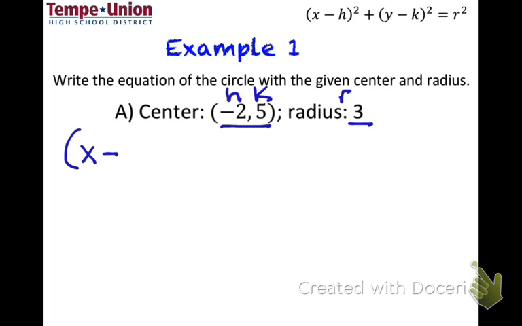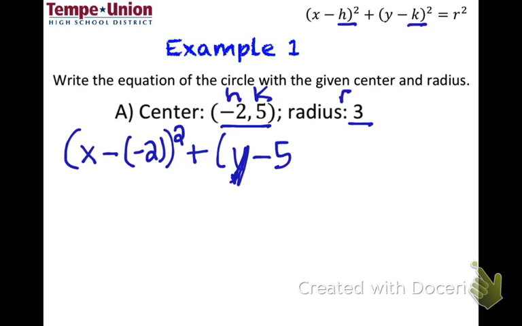So x minus, we plug that h in there, so that would be x minus a negative 2, and then we square that, plus y minus, and for the k we plug in a 5, and then we square that, and that equals the radius squared, so that's 3 squared.